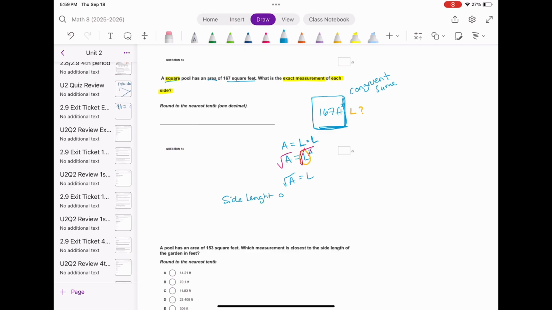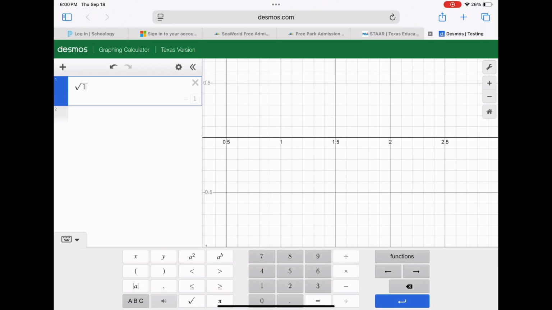Or you can always just remember the formula, guys. If you want to find the side length of a square, just do square root of area. So to find the exact measurement of the side of this pool, we're going to have to do square root of 167. And the square root of 167 is 12.923.